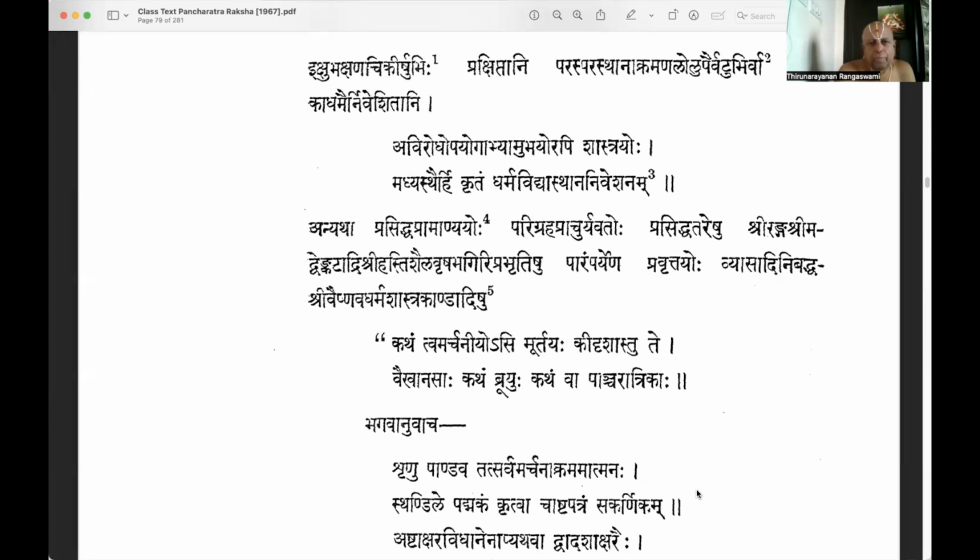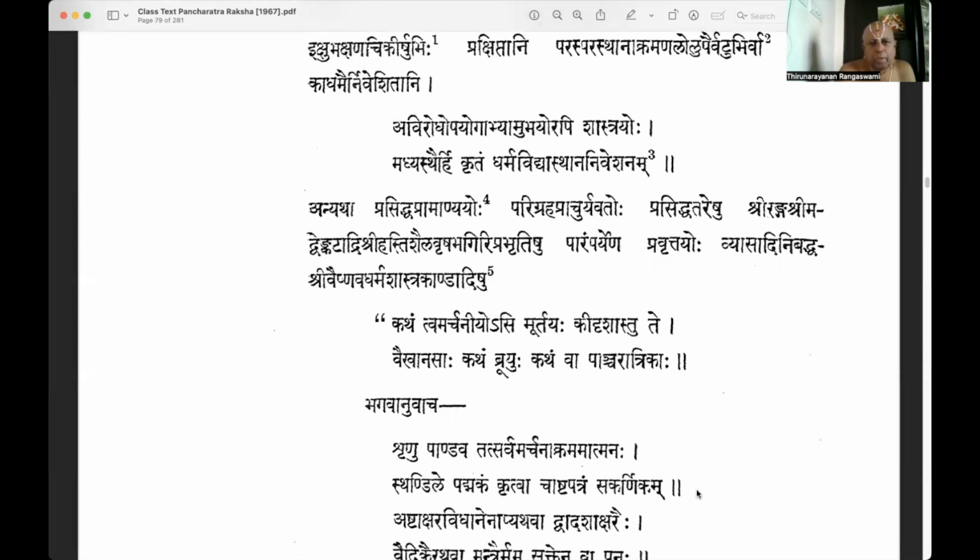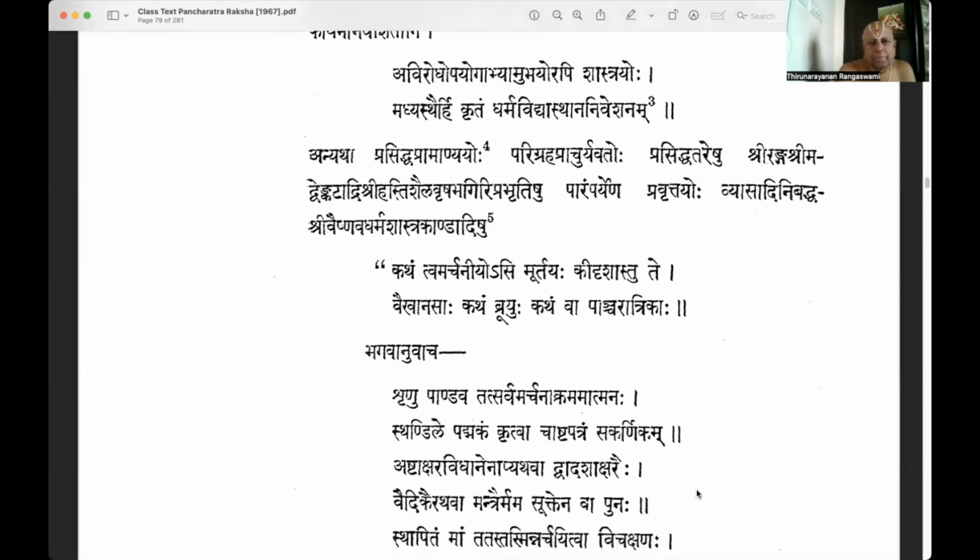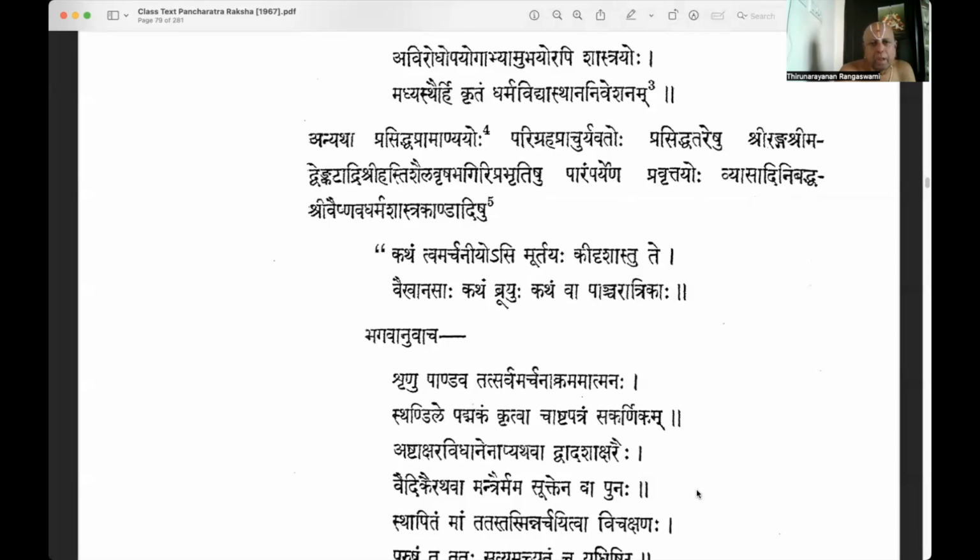Then avirodha upayakabhyam ubhayorapi shastrayoho madhyastaihi kritam dharma vidyasthana niveshanam. Again, between these two shastras, namely Pancaratra and Vaikhanasa, there are people who are in the middle position, intermediate position, madhyastaihi.